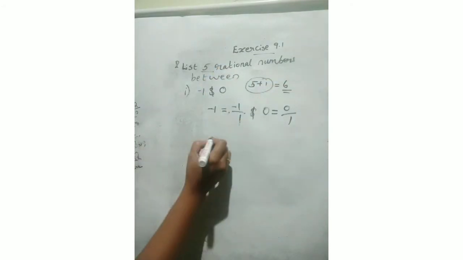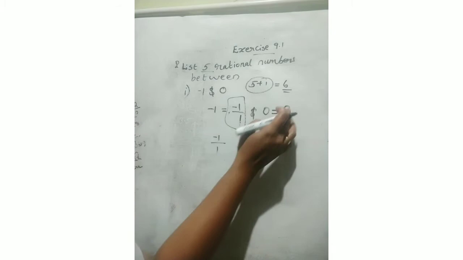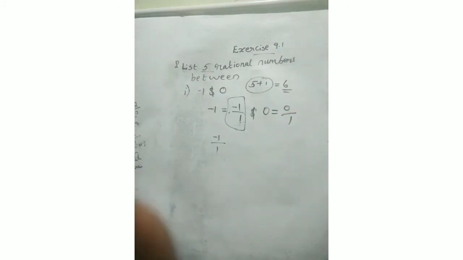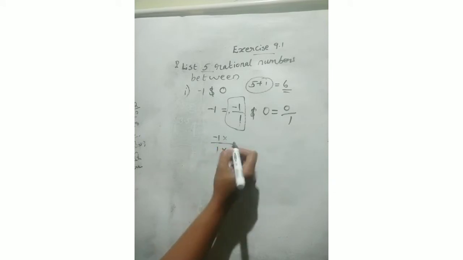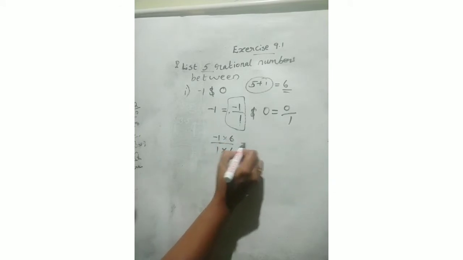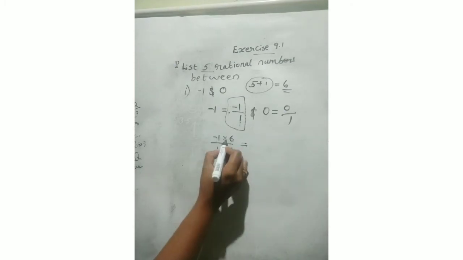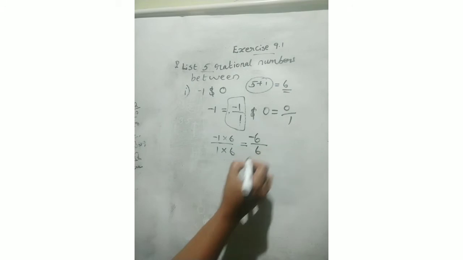So, we can multiply these new fractions, that is -1 on 1 and 0 on 1, which are rational numbers. We can multiply both the numerator and denominator by 6, which is equal to -1 times 6, -6, then 1 times 6, 6 itself.